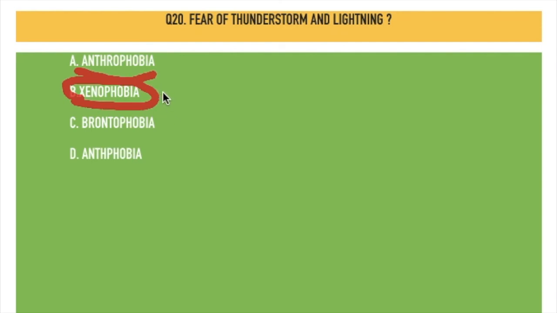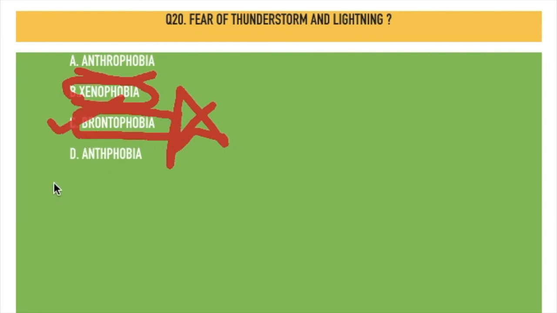And what is brontophobia? Brontophobia is the fear of thunderstorm and lightning. You may have heard it as astraphobia. Astrophobia, not astraphobia, is the fear of stars and sky. Astraphobia is the fear of thunderstorm and lightning, otherwise known as brontophobia.